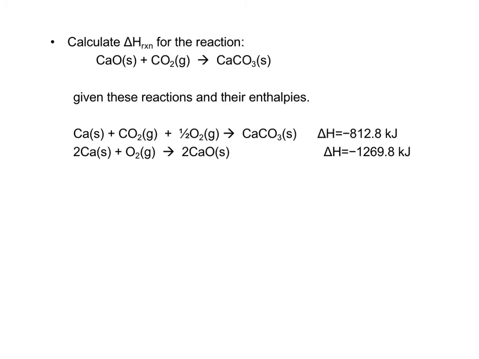And so what I usually do is take each compound in the overall reaction one by one, find them in the reactions that I'm given, and then modify those reactions to get the compound on the proper side of the arrow, either the reactants or the products, and so that I have the correct number of them. And so I usually just start with the first reactant.